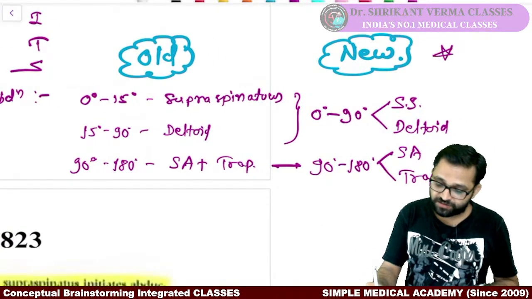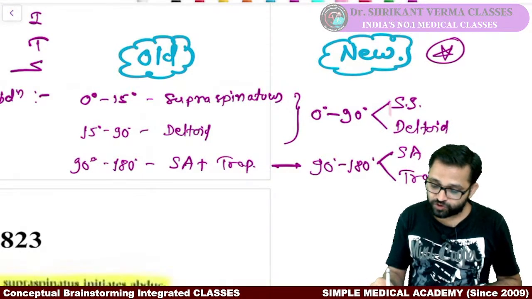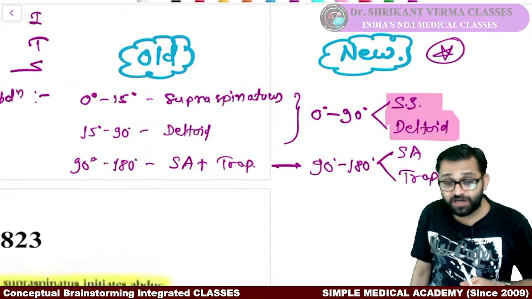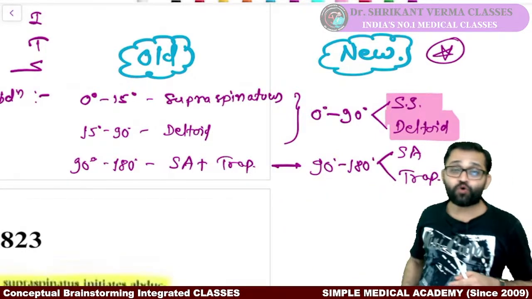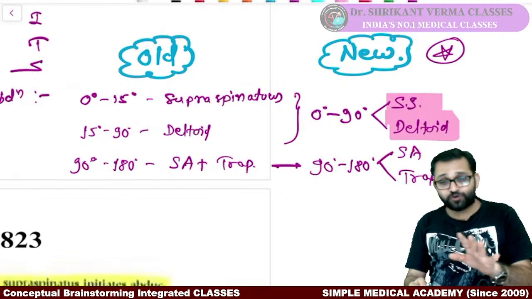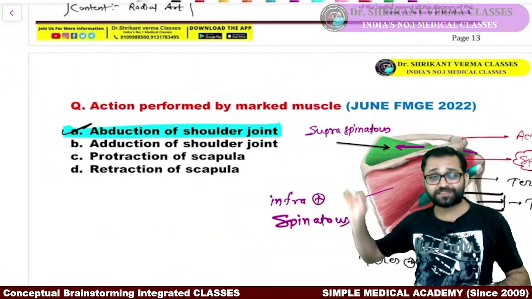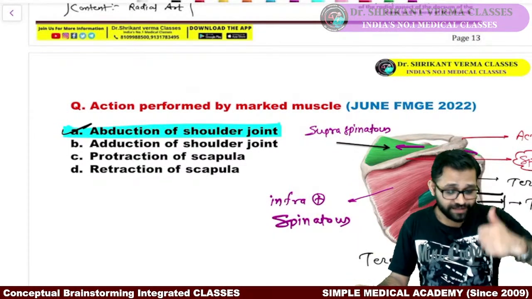Supraspinatus and deltoid both are acting from initiation up to 90 degree. Don't follow the old rule. But even if you do not know the new concept, you can solve this question. Supraspinatus is causing the abduction of the shoulder joint. Agree everyone?